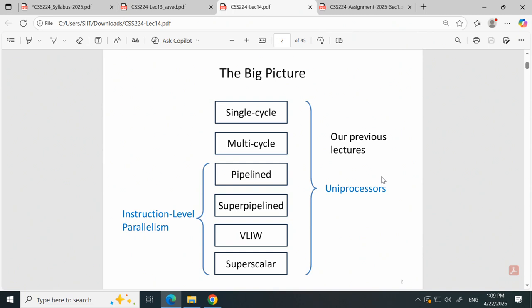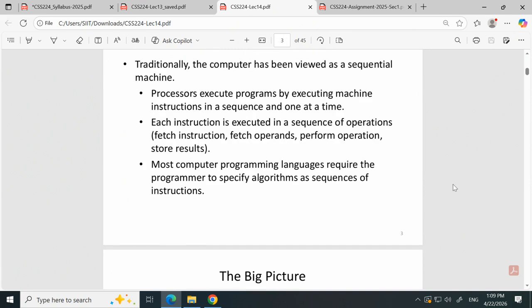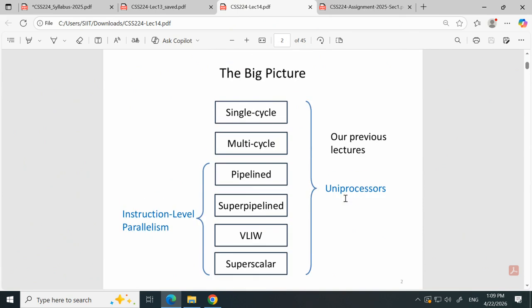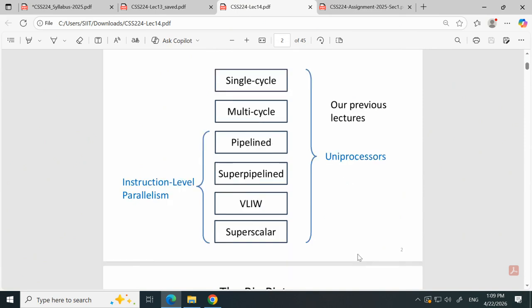Okay, now you remember, hopefully. So how about today's topic? Uniprocessor, is it enough? Or are there some more processor types?